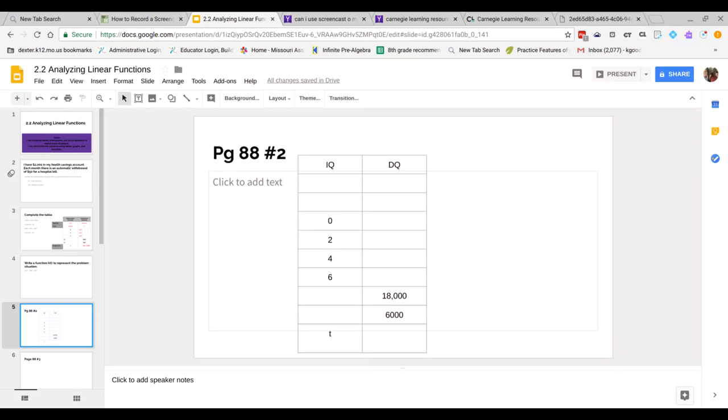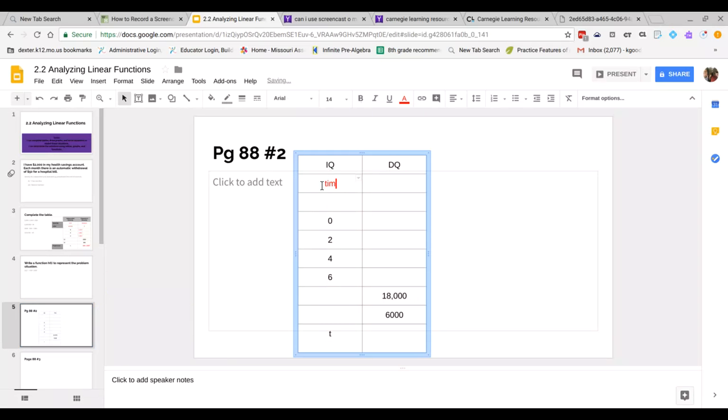So the first thing we need to identify is the independent and dependent quantities. Well, we're talking about the height of the plane, and it descends at a rate of 1,500 feet per minute. So my independent quantity would be time, and my dependent quantity would be height or altitude. The time is measured in minutes, and the height would be feet.